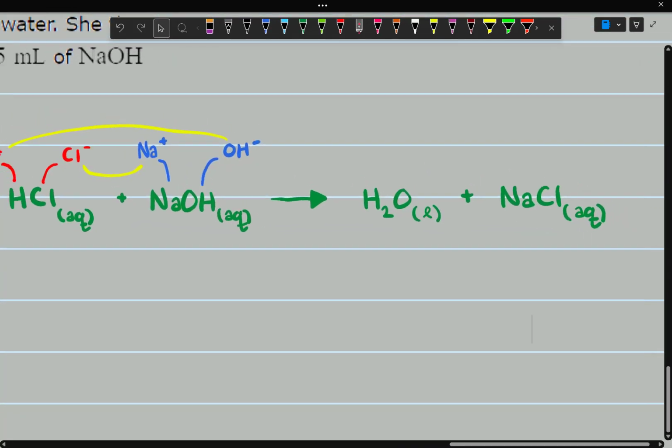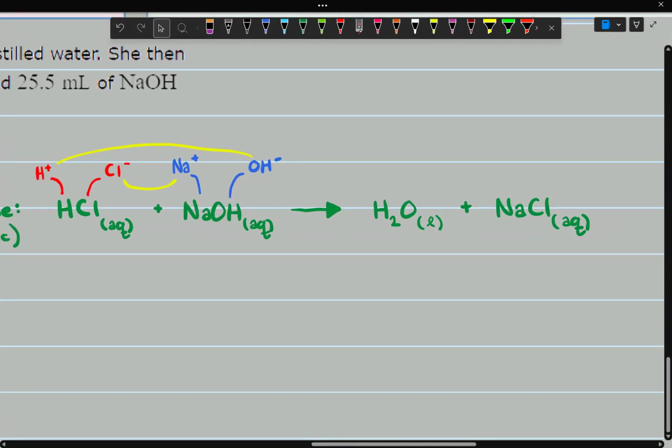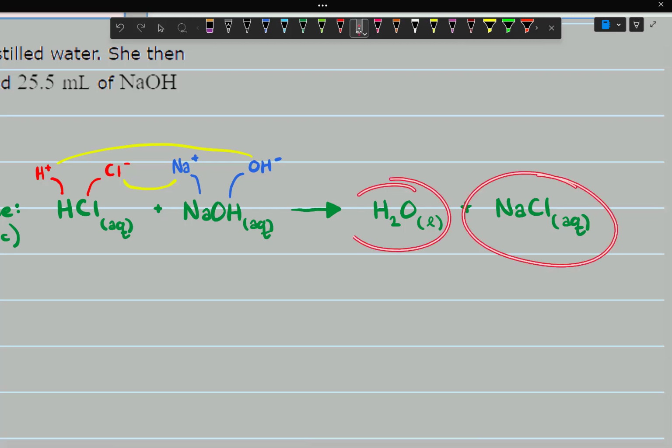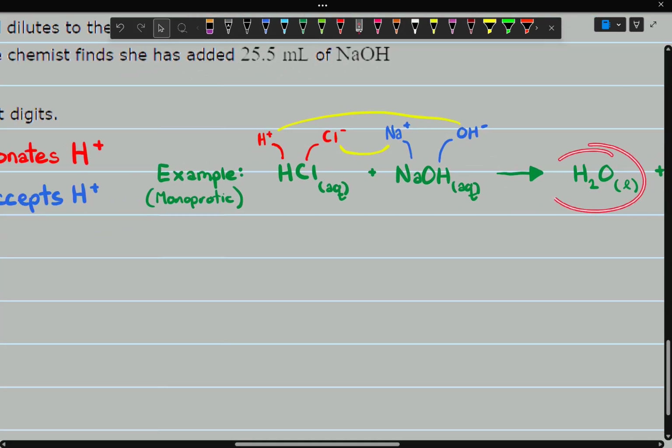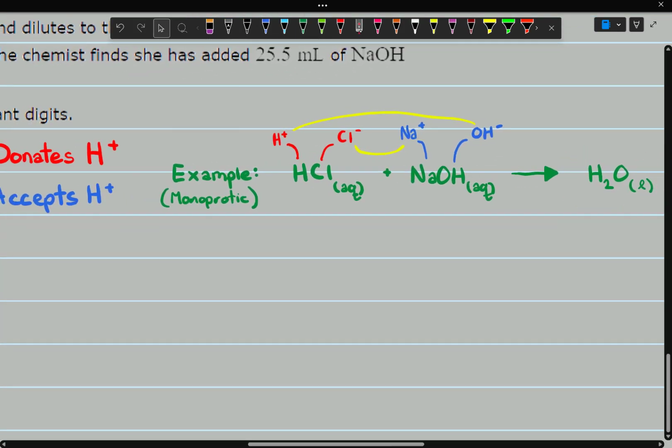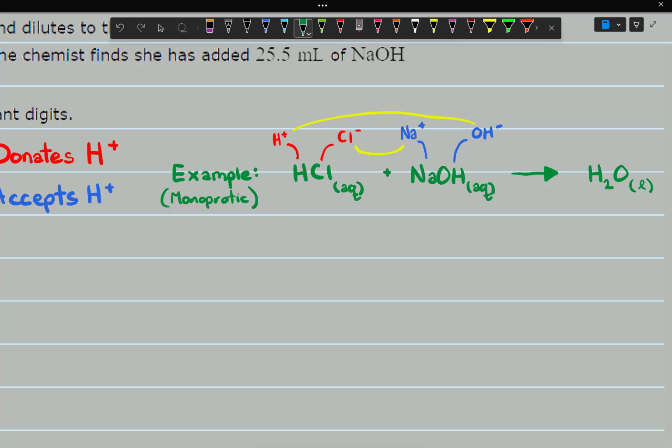So that's why we say when we have an acid-base reaction that it forms water and a salt. So this example shows what happens in a monoprotic acid.